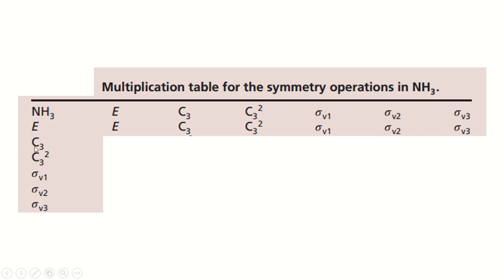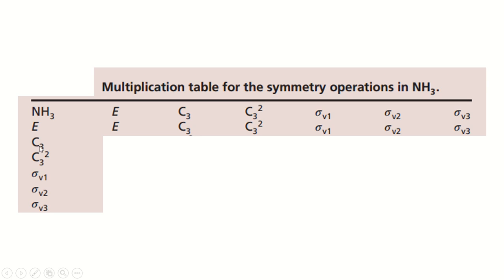So let's talk about a more complicated one. Herein we must apply C3 to the molecule, then we need to apply identity. Yes, what happens? If we apply C3 to the molecule, then identity to the molecule, there is C3 again, because identity is actually doing nothing to that molecule. So the resultant operation is C3 for this one. The next one, C3 should commute with C3.